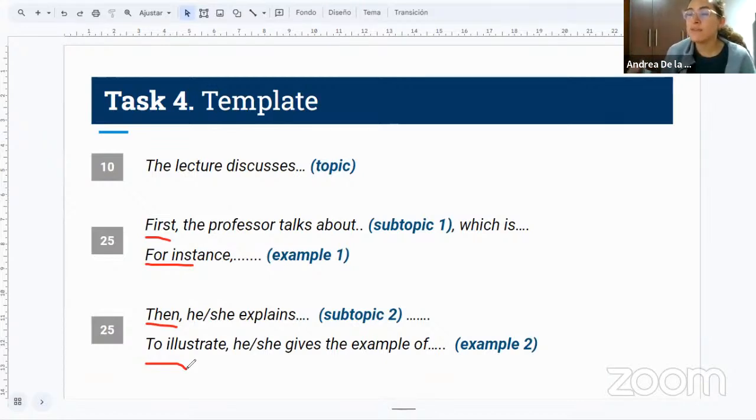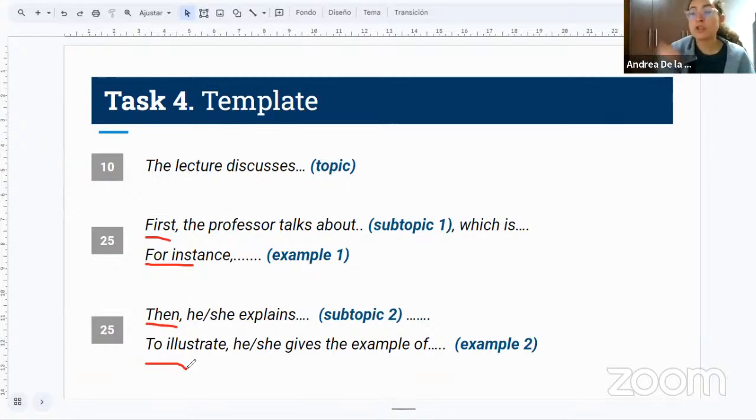And you also need to give credit to the professor. You cannot talk about these ideas like they were your own. You need to report the information, summarize it. So you need to say the professor says that, the professor talks about, the professor explains, the professor mentions. You need to use those reporting verbs in the simple present.